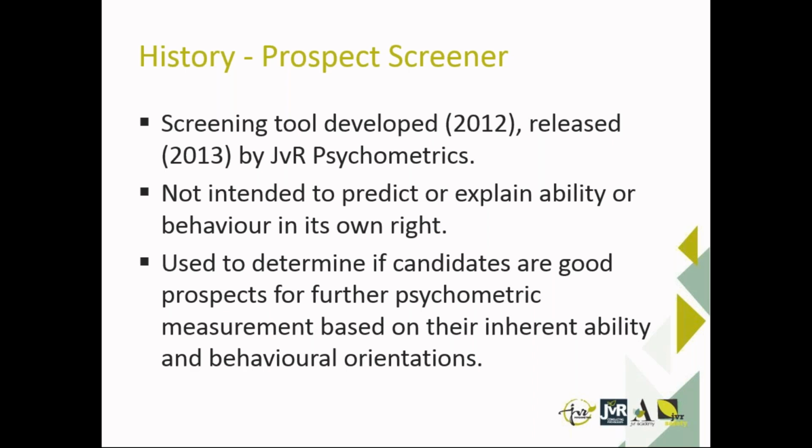There was a clear need for a screening tool that could identify prospective candidates with minimum capacities and characteristics to qualify for further testing and assessment. The prospect screener provides a preliminary screening of verbal and numerical ability, detail orientation, emotional stability, and dependability, which are widely considered important for effective job fit and performance.